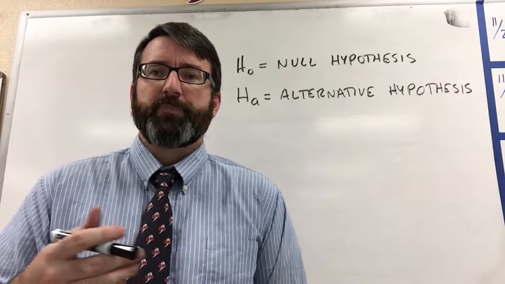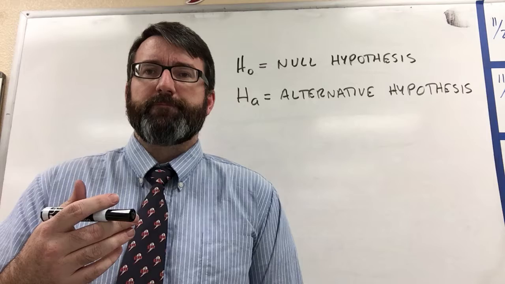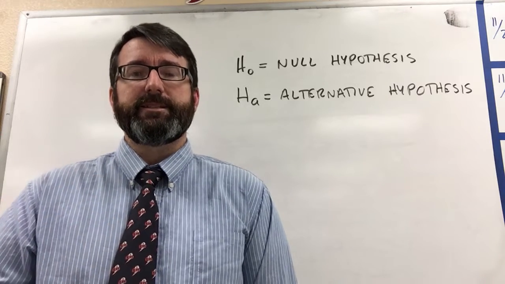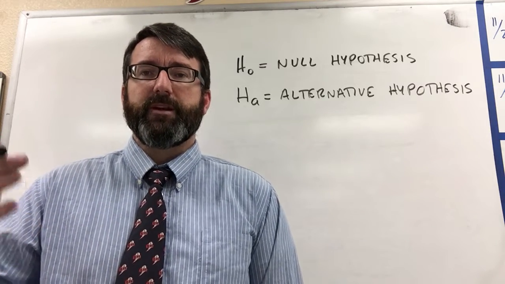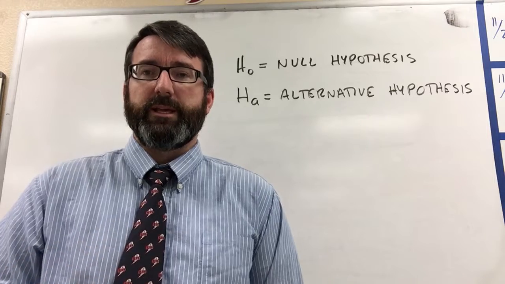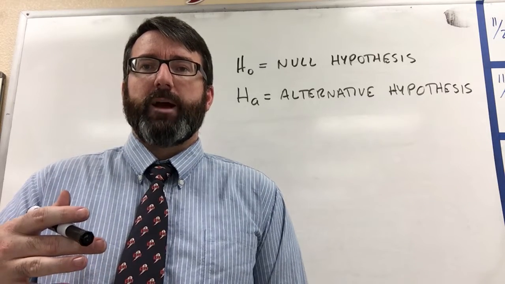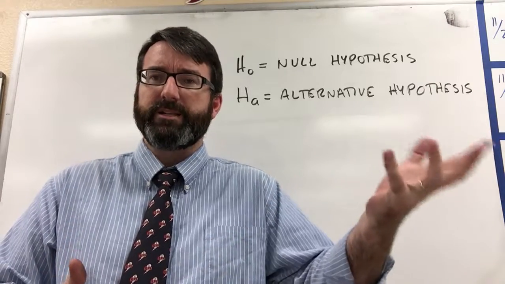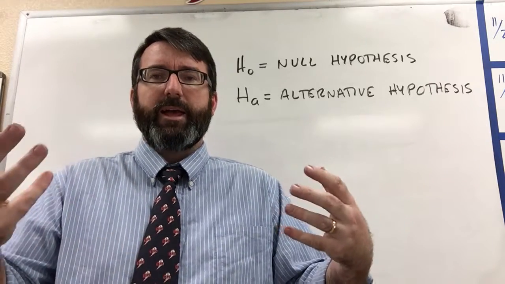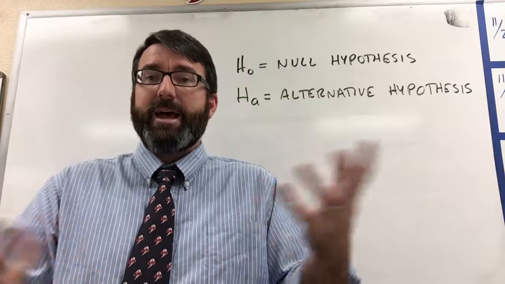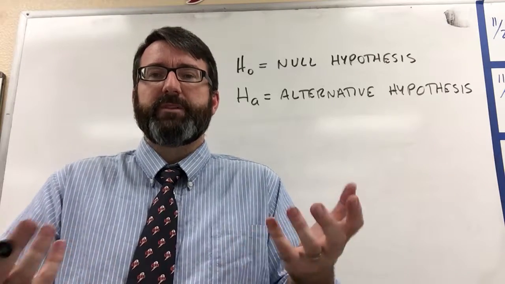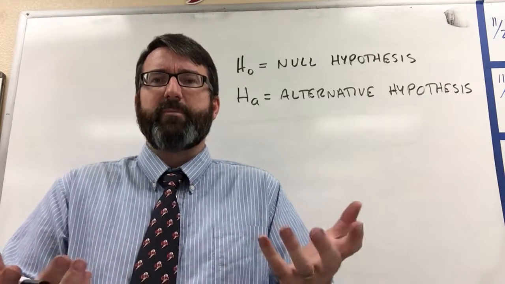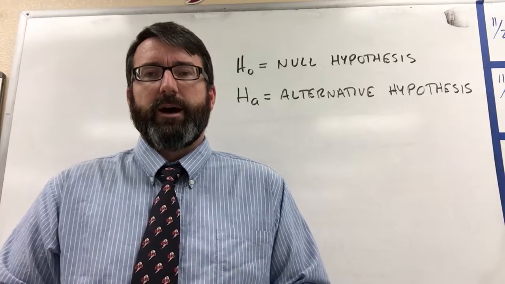Remember on Monday, we said that something is statistically significant if there's a low probability that it occurred by chance. In other words, if we see a difference between an expected value and an actual value, that difference is significant if there's a very low probability that it happened just randomly.